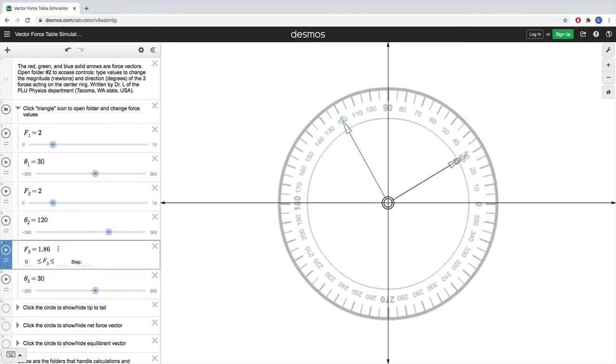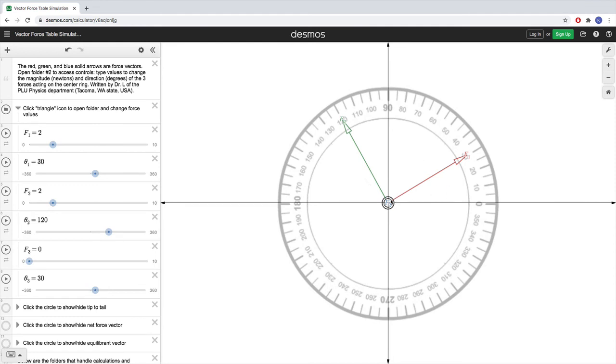Force 3, we don't have force 3, so just set that value as 0. Then come and look at it. This is how the vector looks. This is how the vector will look when you do it experimentally in a lab.